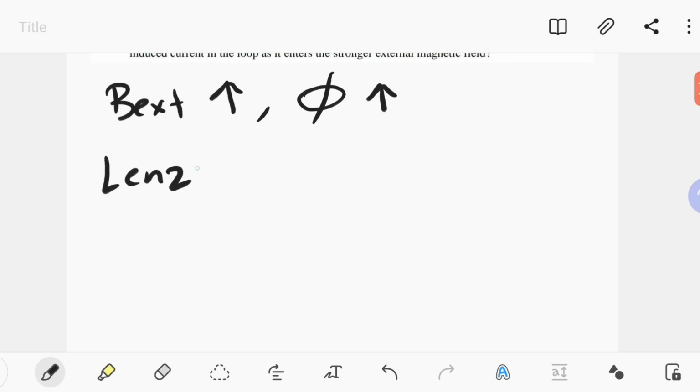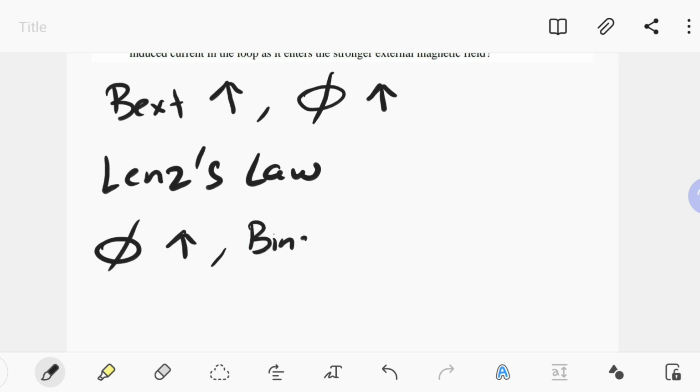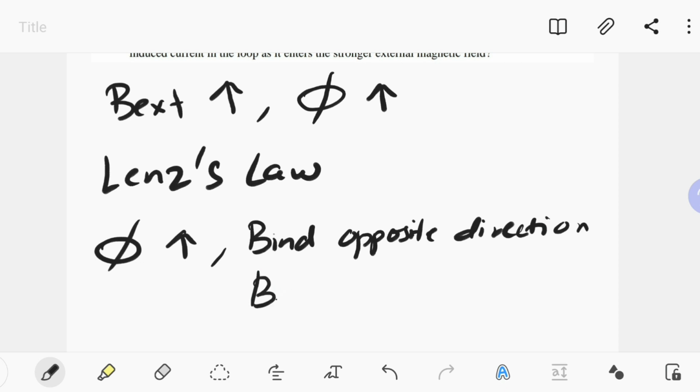According to Lenz's law, if phi increases, the induced magnetic field will be in the opposite direction with the external magnetic field.